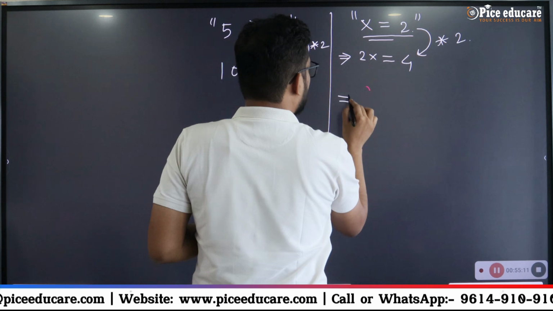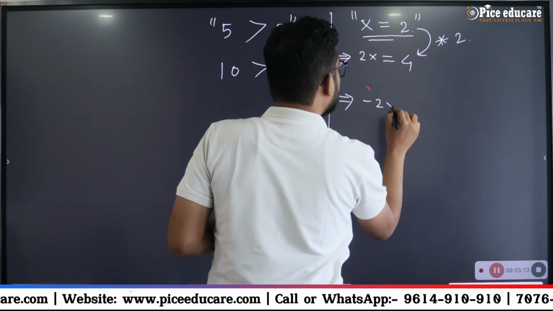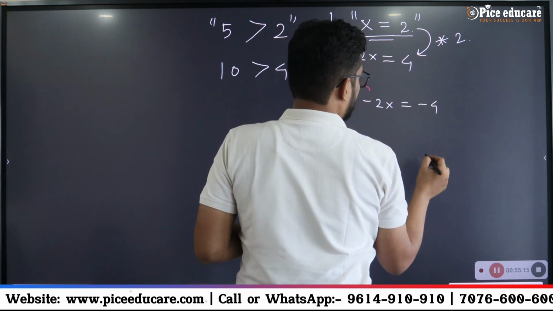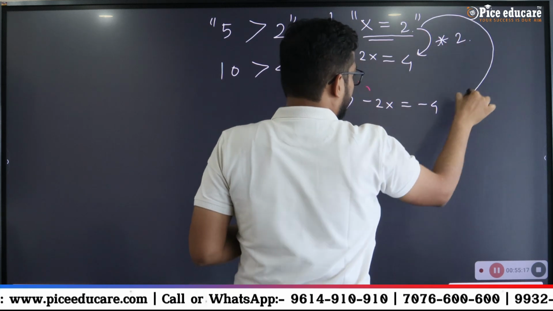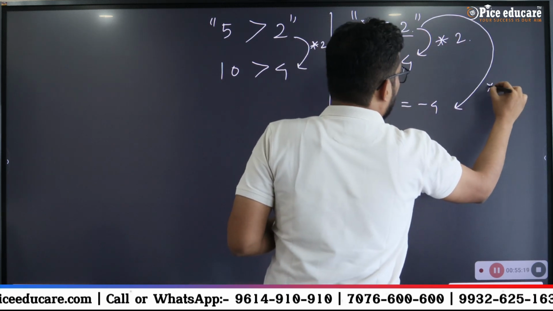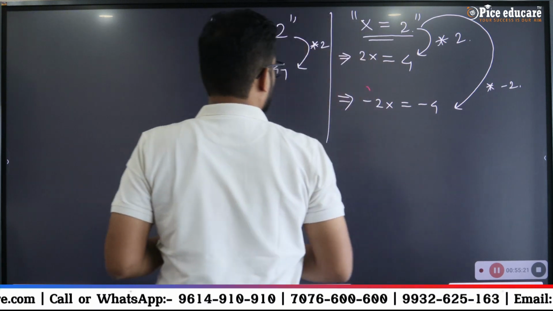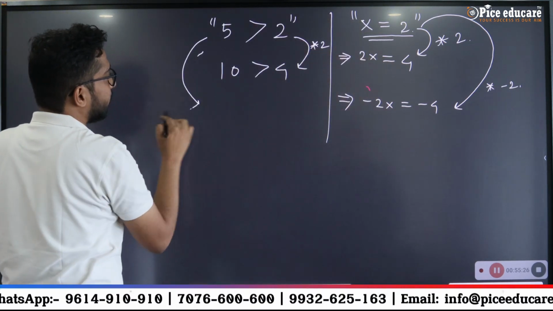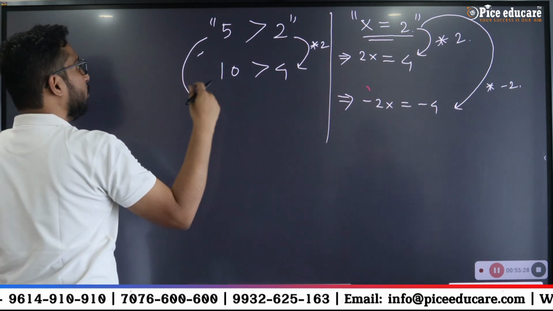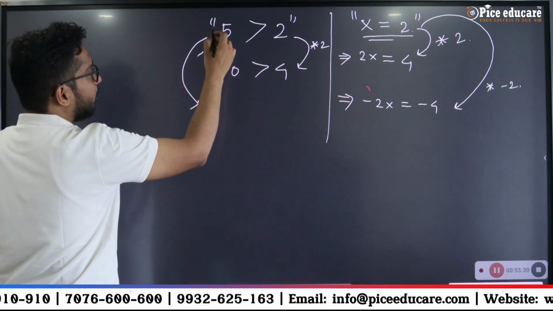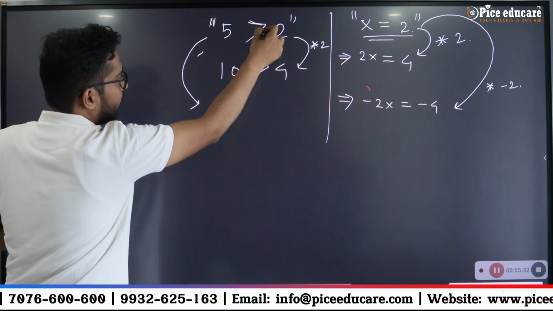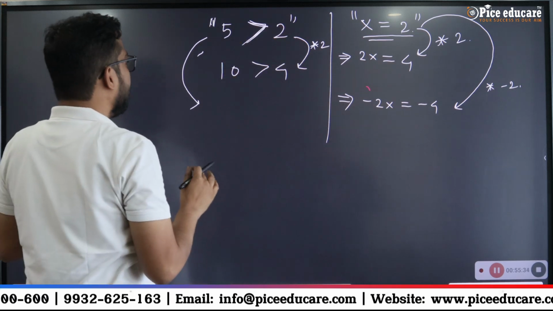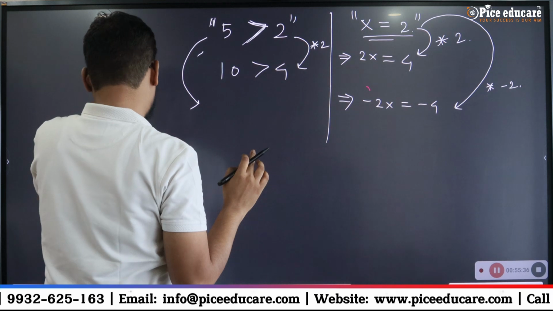And this also implies that minus 2x will be equal to minus 4. So you can multiply with minus 2 also. But the issue is, if I do this same thing with some given inequality, then there is something interesting happening.